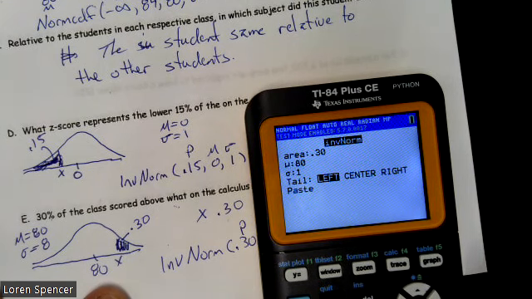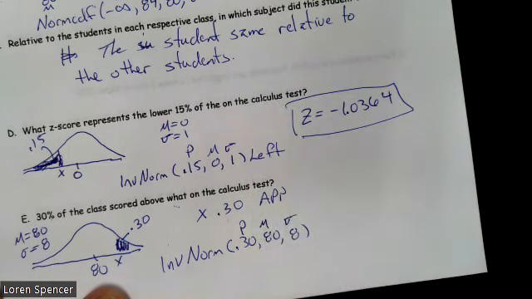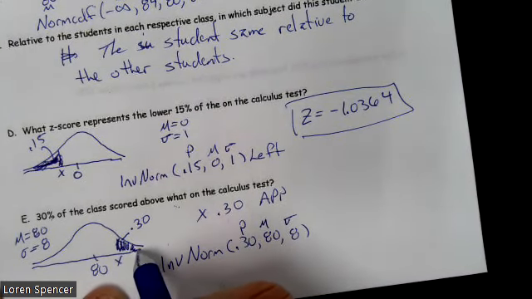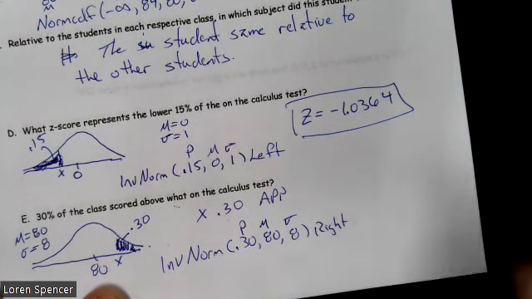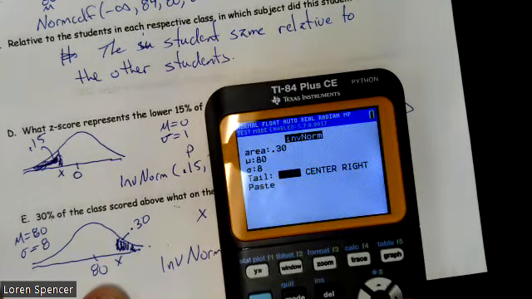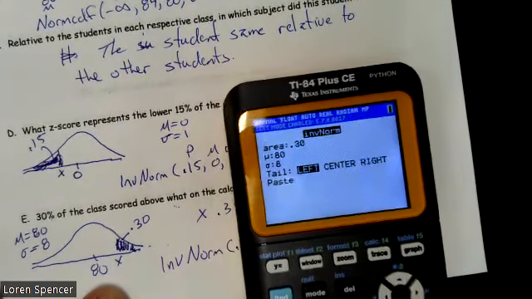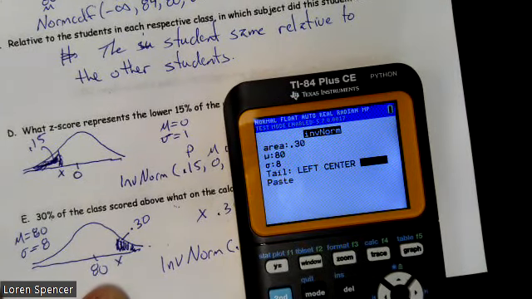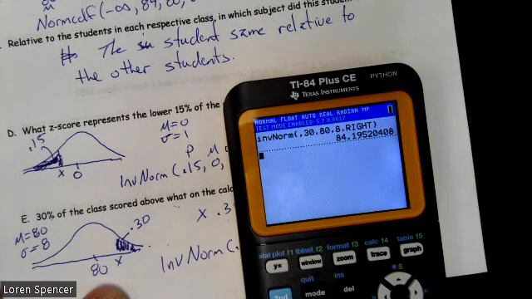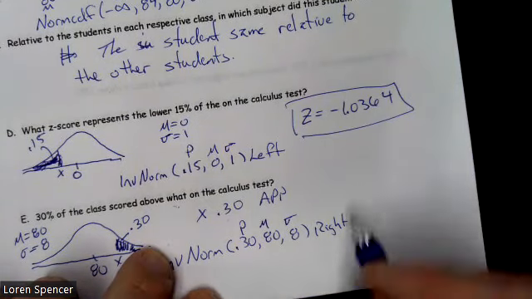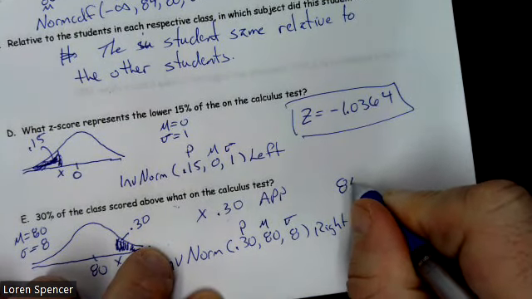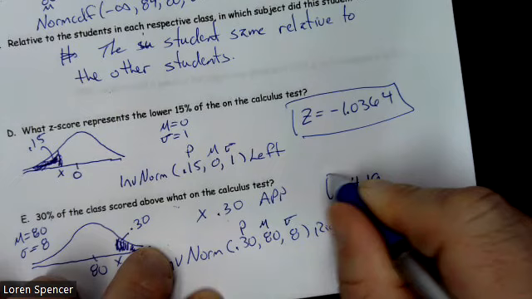Mean of 80, standard deviation of 8. And one thing we forgot to put, which direction am I coming from? Well, if I look at my graph, I started on the top, so I went from the right. So we need to go back and write that down and then make sure that we highlight right on the calculator. And we end up getting 84.19. 84.19.